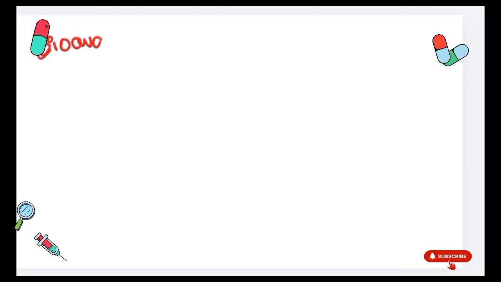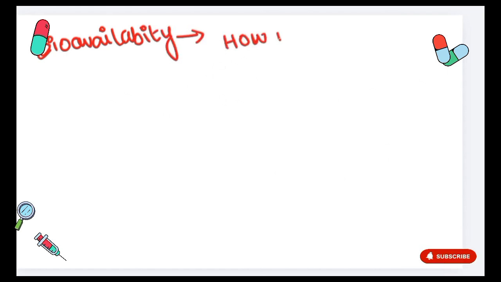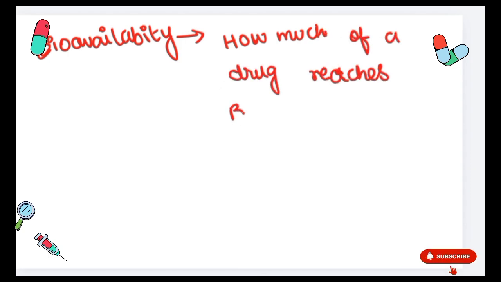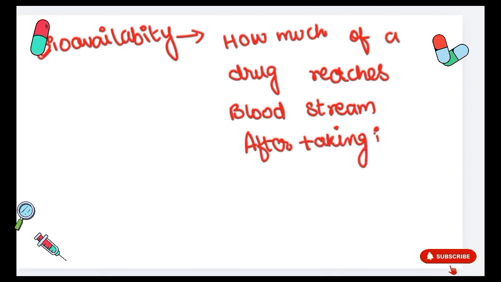In simple words, bioavailability is how much of the drug reaches systemic circulation or bloodstream in its active form after being metabolized by the liver.